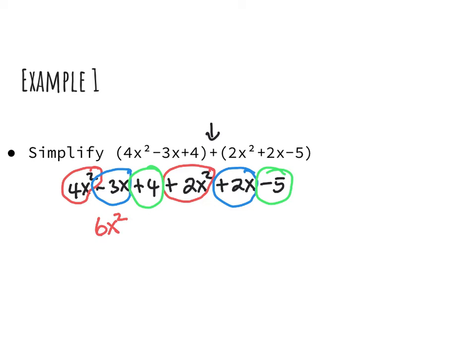Negative 3x plus 2x gives us negative 1x, and 4 take away 5 gives us negative 1. We can further write this as 6x to the second minus x minus 1, because the convention is when you have a 1 in front of the variable, you don't have to show that 1. So this is our answer.